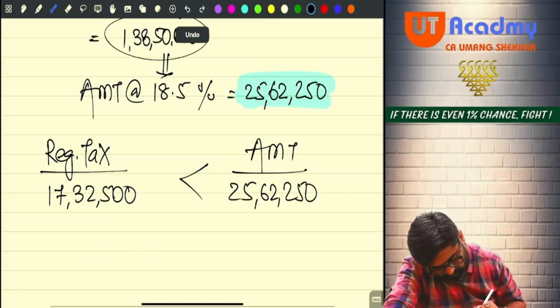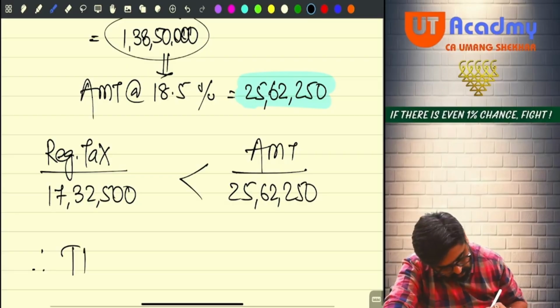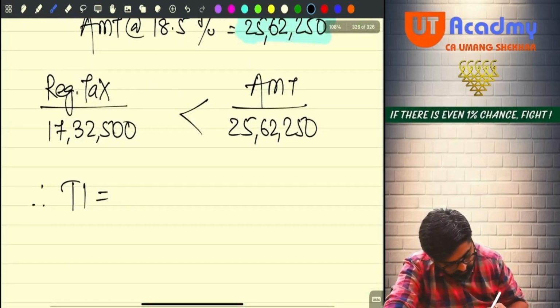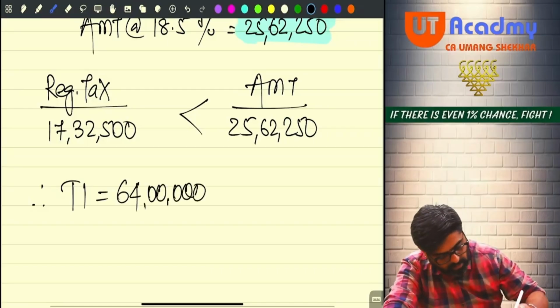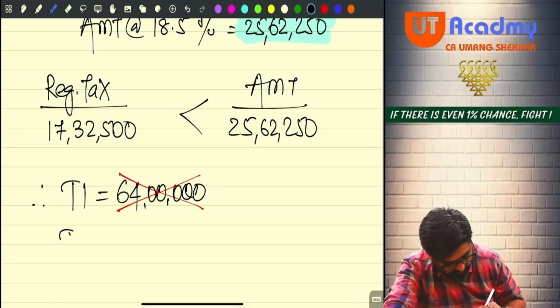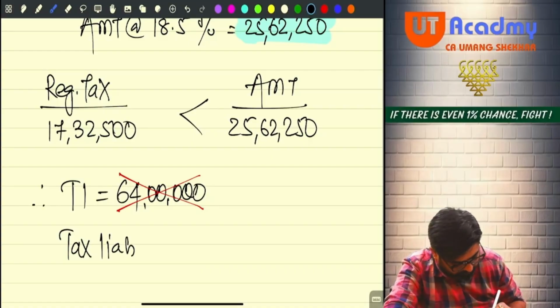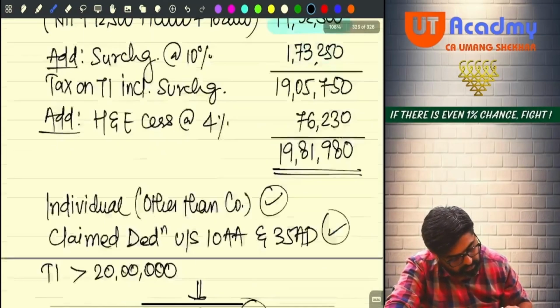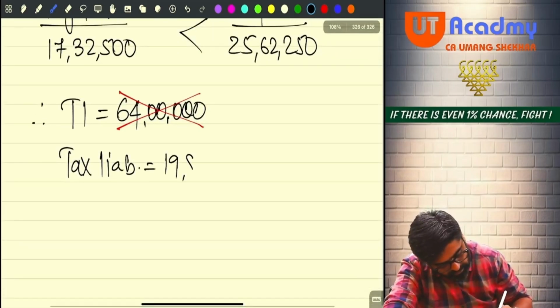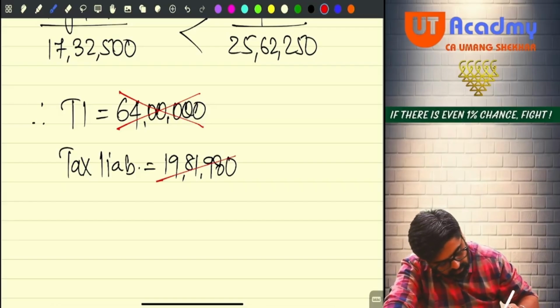Therefore, total income, which is 64 lakhs, will now be ignored, and tax liability, which was 19,81,980, will also be ignored.